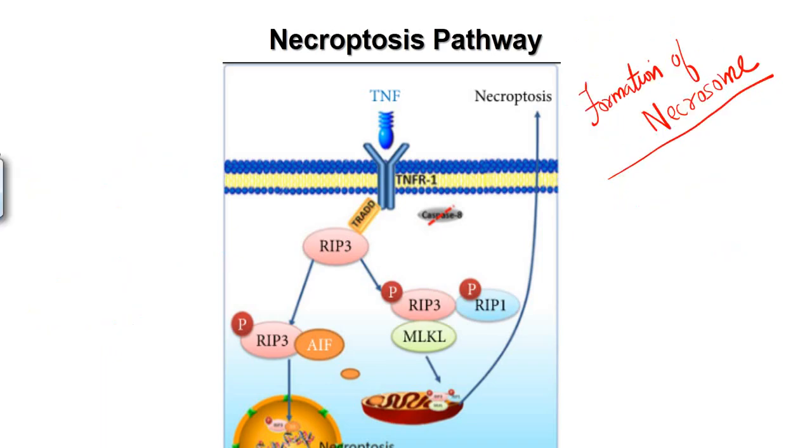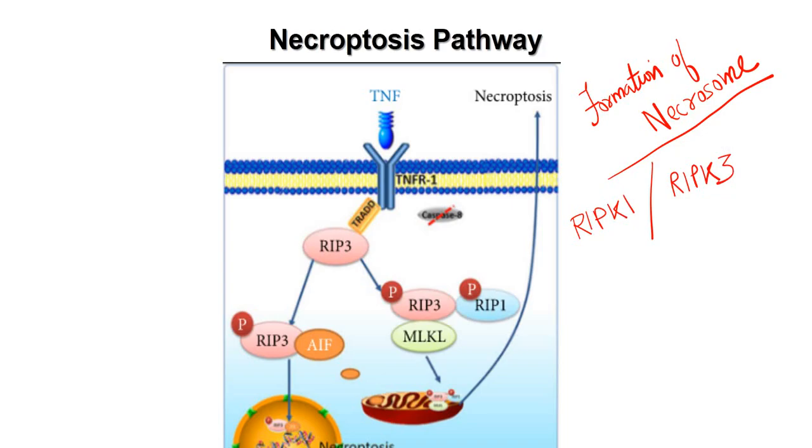Our next step is formation of necrosome. First I will write the players. The two major players over here are RIPK1 and RIPK3.